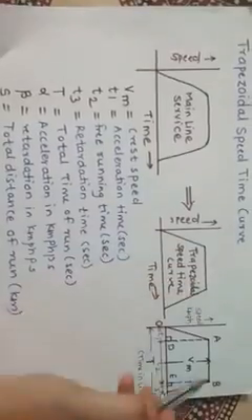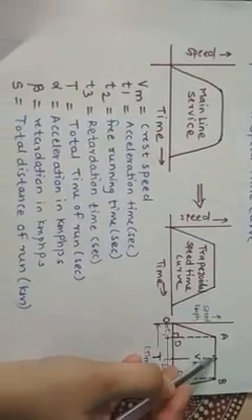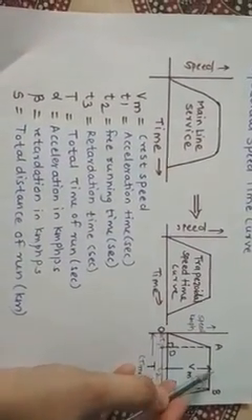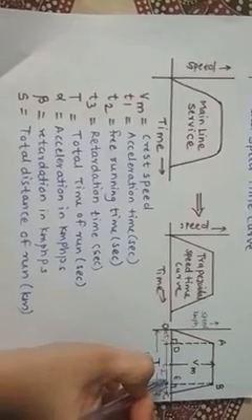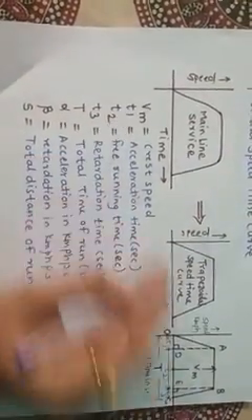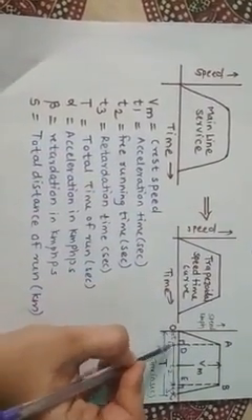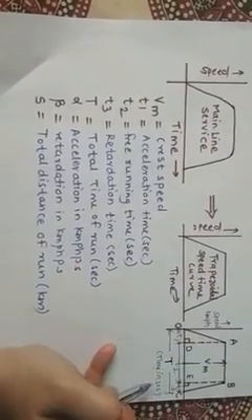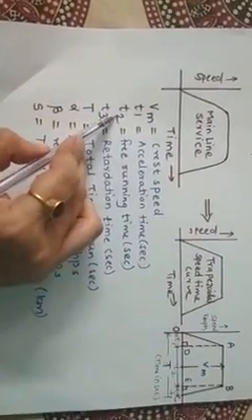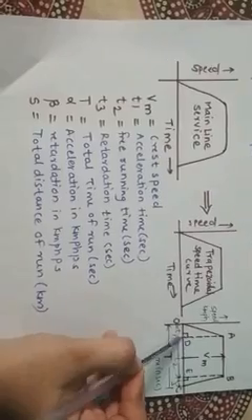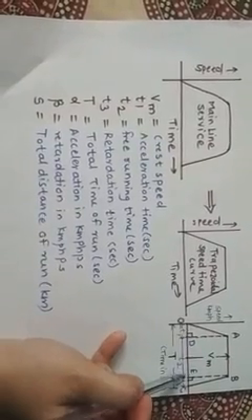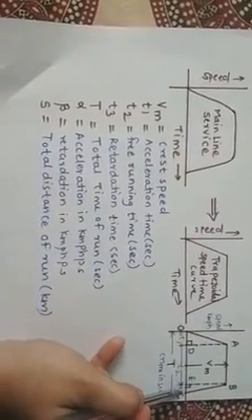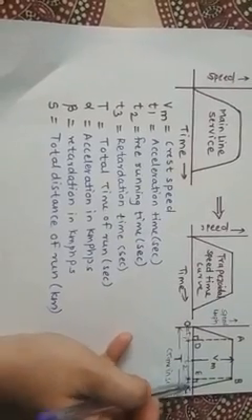Vm, which is shown here, is the maximum speed attained by the train during its run. Then T1 is the time for acceleration, which is in seconds. Then T2 is free running time, which is again in seconds, and T3 is retardation time in seconds.